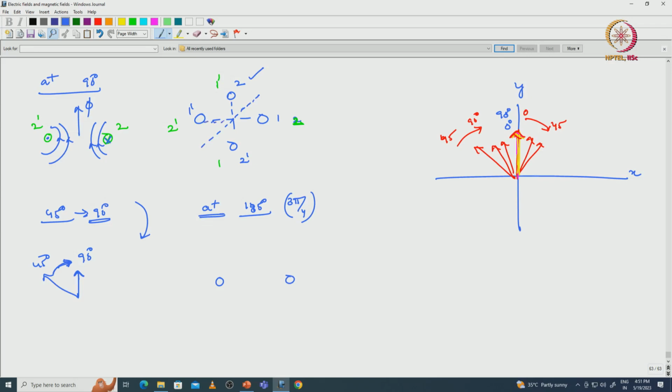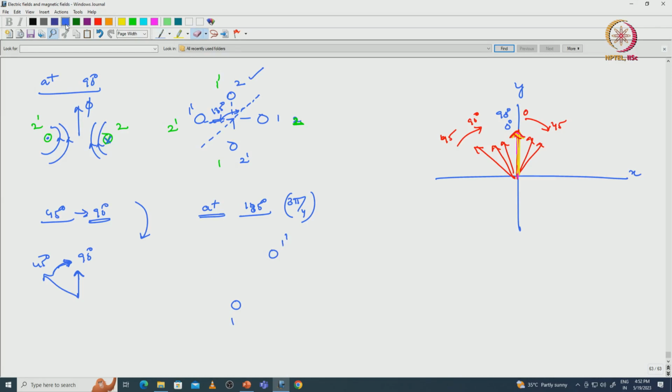With respect to this reference, this is 135 degrees rotation. So 1 dash we are exciting, this is 1 dash and this is 1.